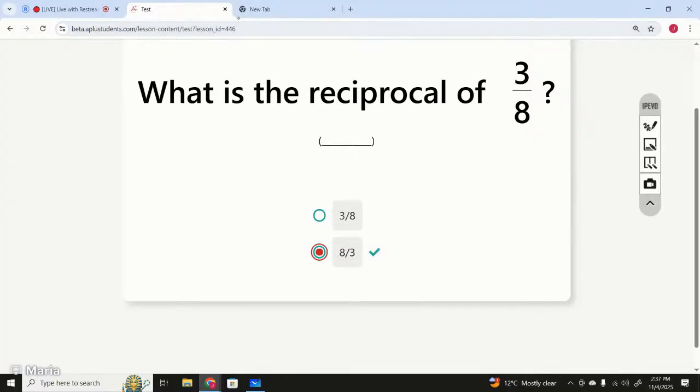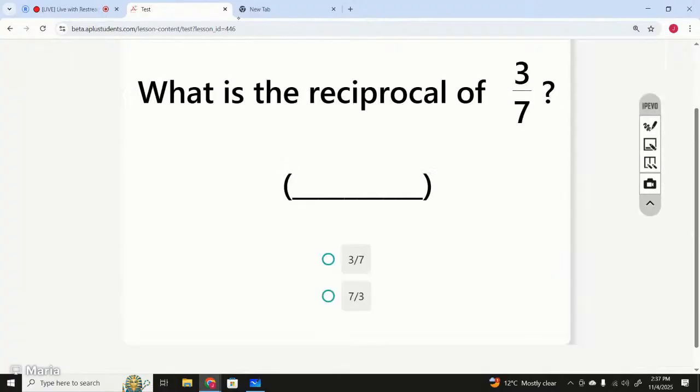Option number 2 is the correct option. What is the reciprocal of 3 by 5?